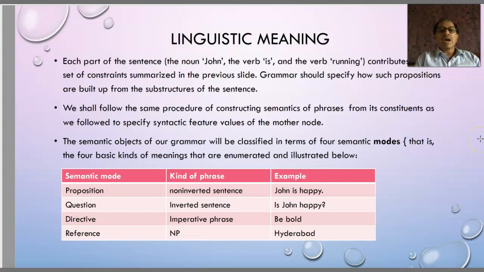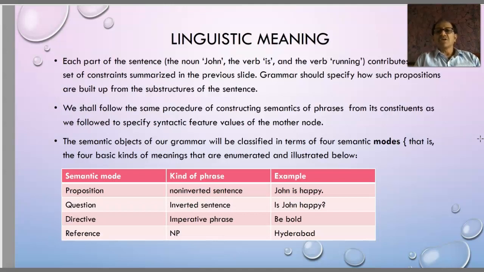Now, let's see how those restrictions can be specified in HPSG. We know that each part of the sentence, for example, in the sentence John is running, you have three words: John, which is a noun, is, which is an auxiliary verb, and then another verb, running. These three parts contribute to the meaning of the sentence.